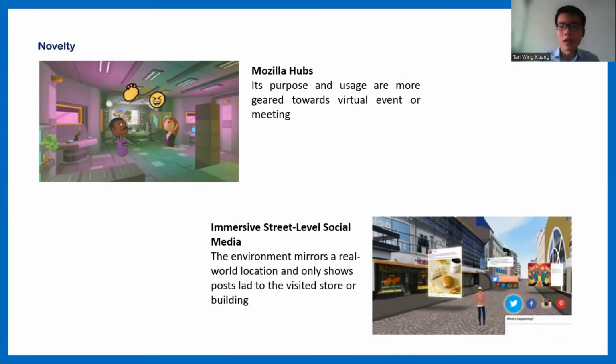Mozilla Hubs' purpose and usage are more geared towards virtual events or meetings, which means they are more used in formal settings. Whereas immersive street-level social media, although based on the picture it looks similar to my project, is not, because the environment mirrors a real-world location and only shows posts related to a visited store or building.